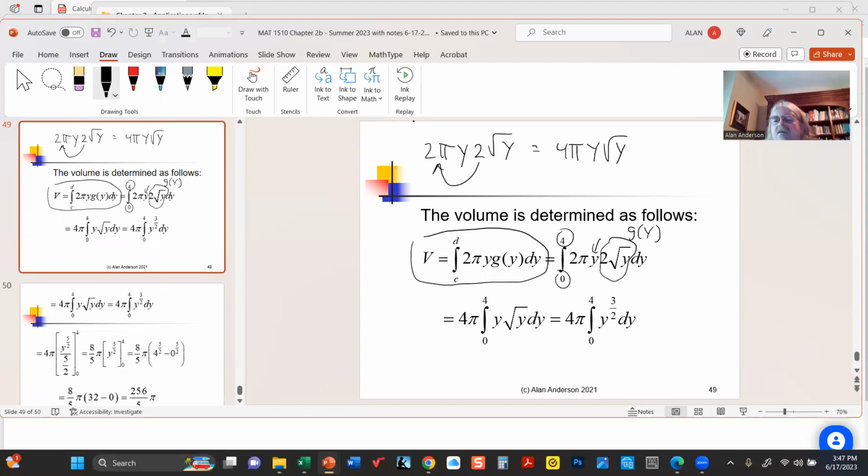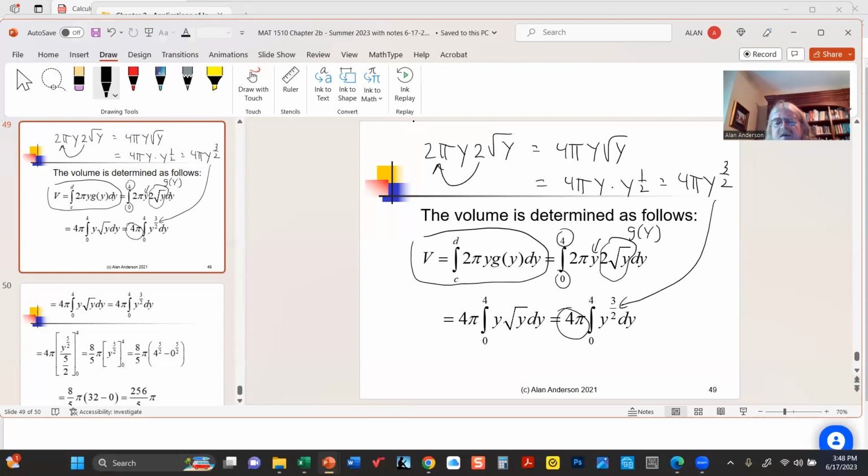Now, since radical y is y to the 1/2, what you ultimately wind up with is 4 pi y to the 3/2 power. And also, if you notice, the 4 pi has already been moved outside.